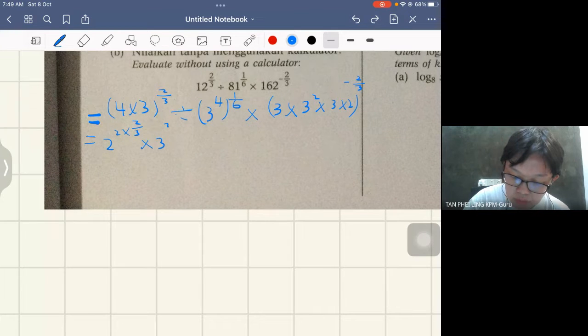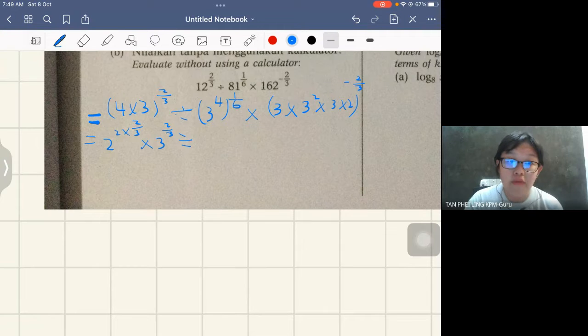Okay, 2 over 3, and then divide by 3 power 4. 3 power 4 times 1 over 6 can become 3 power 2 over 3 also. Am I right? Yes. Then times, okay, so each of these will have to multiply. First, let me see how many 3 inside.